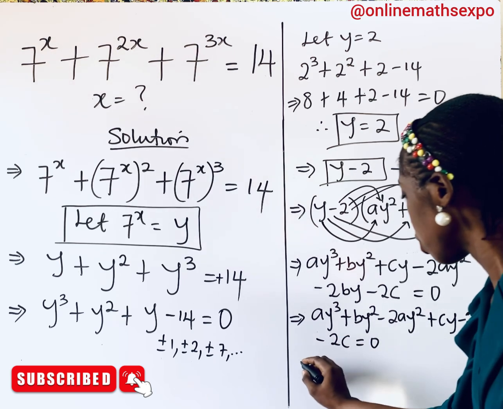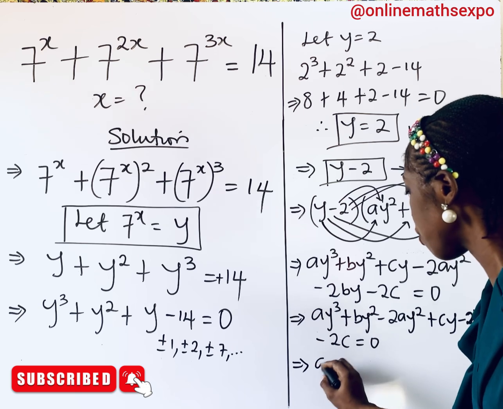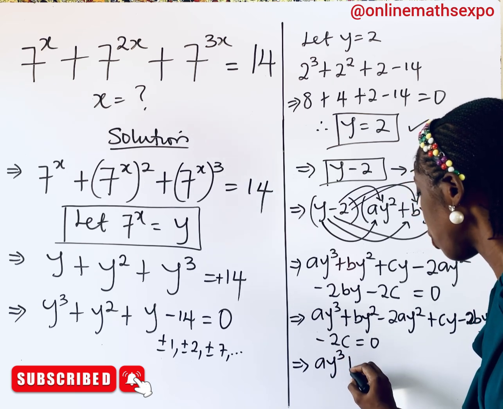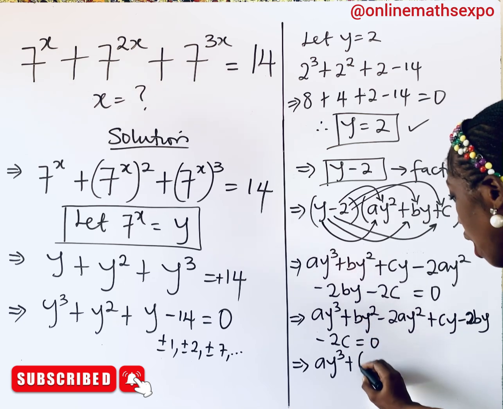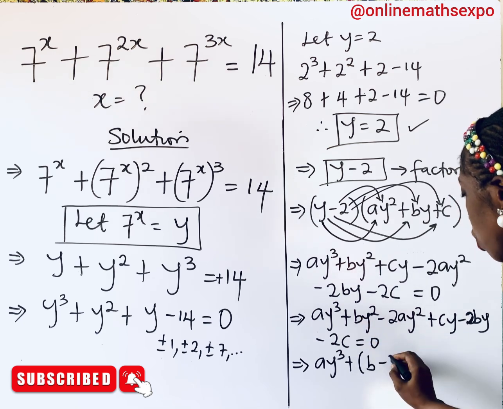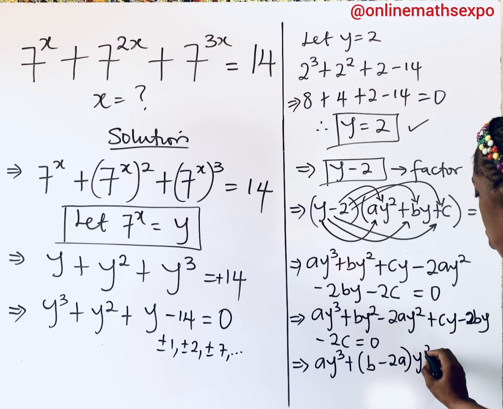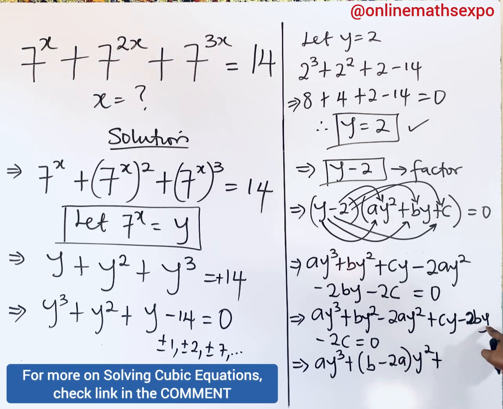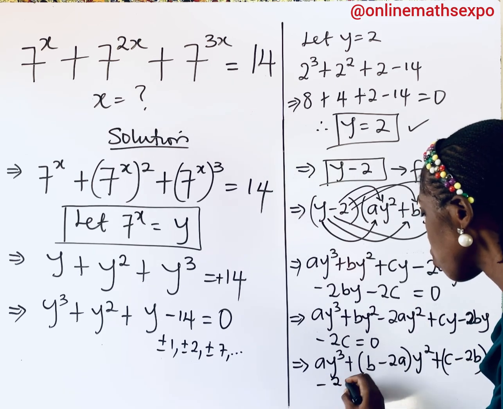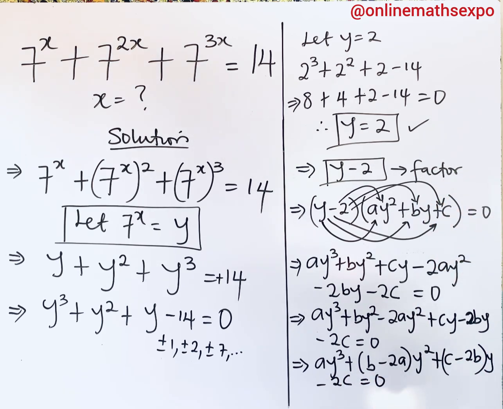We have to factor again. We have ay³ plus, now y² is common, factor it out, so we're going to have (b − 2a)y². Did you see it? Then here, y is common, so factor it, it will be (c − 2b)y, minus 2c is equal to 0.